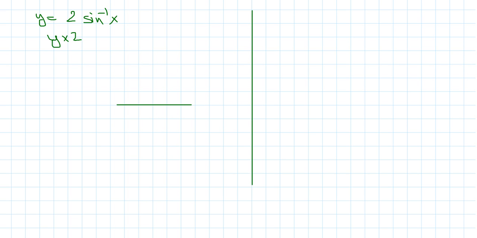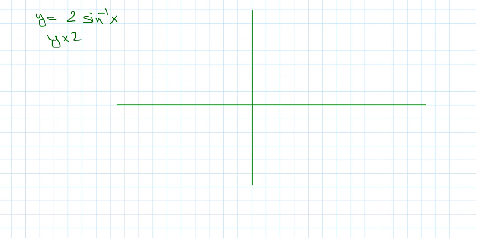Suppose that I have y equals 2 sine inverse x. What will happen here? Here we only need to multiply y by 2. It means every y value should be times 2. What does it mean? Before, if you remember, on sine I had pi over 2 and 1.